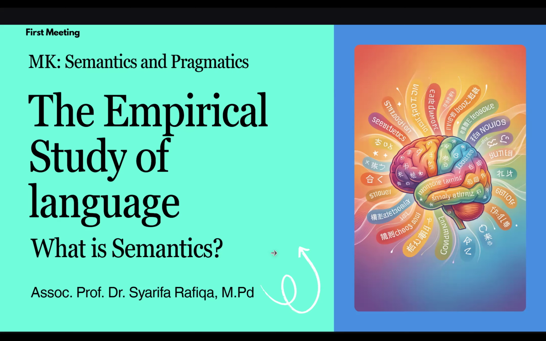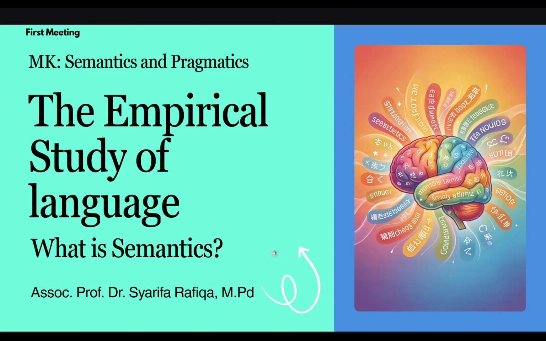And the last one is about the shift of modern semantics. Earlier semantic theory, formal semantics for example, focused on logical models. Modern semantics integrates experimental methods, statistical data, cognitive science, and computational modeling.